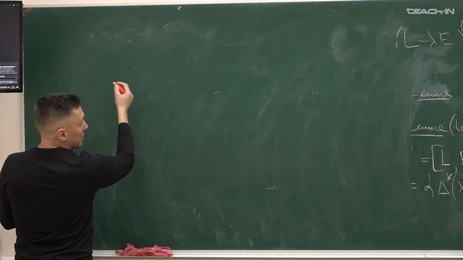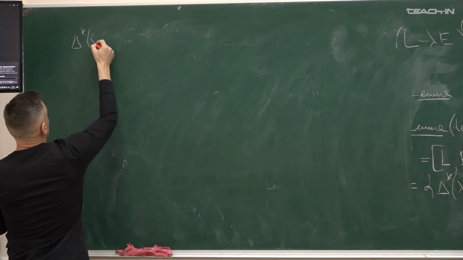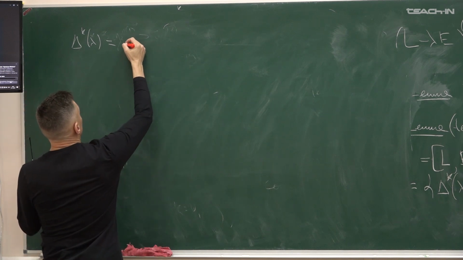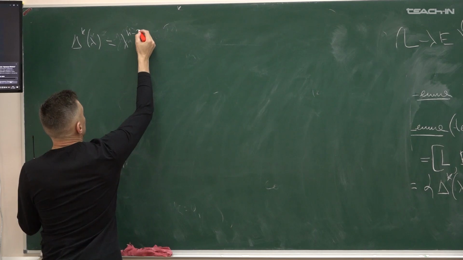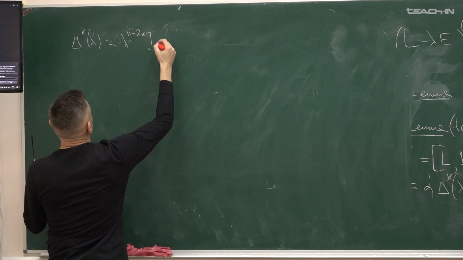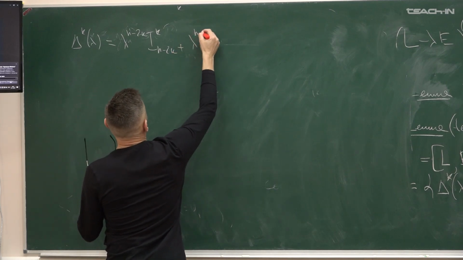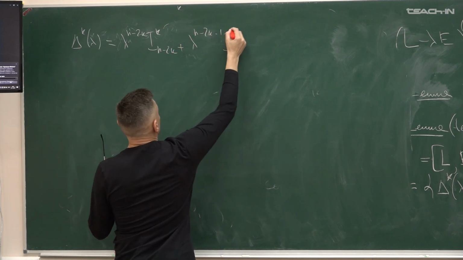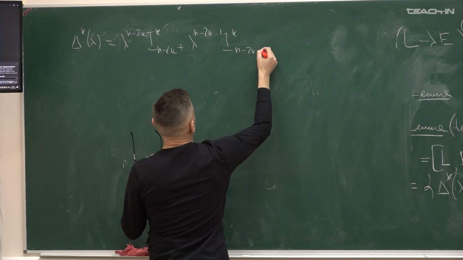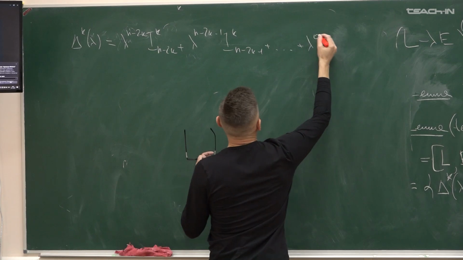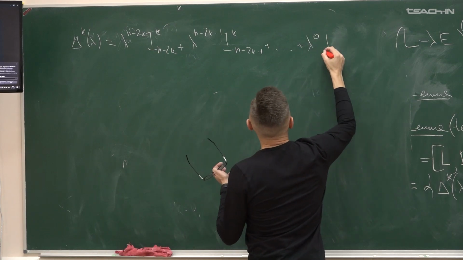So delta k lambda, do you remember it is lambda n minus 2k e k n minus 2k, lambda n minus 2k minus 1, k n minus 2k minus 1, plus L lambda 0, e k 0.